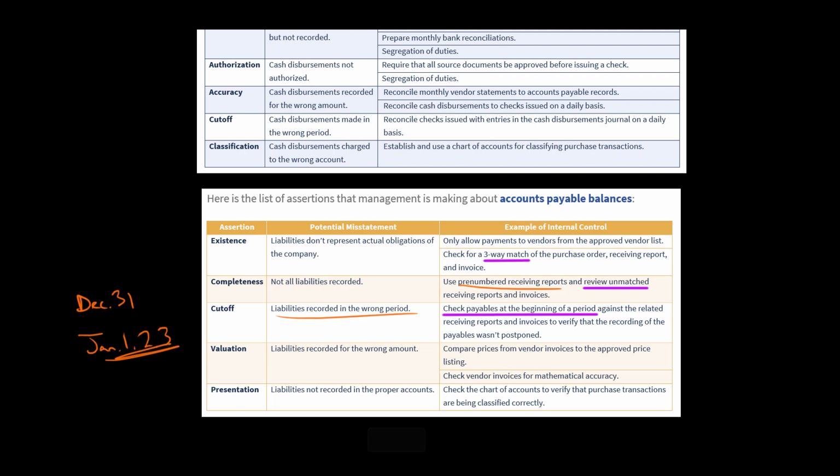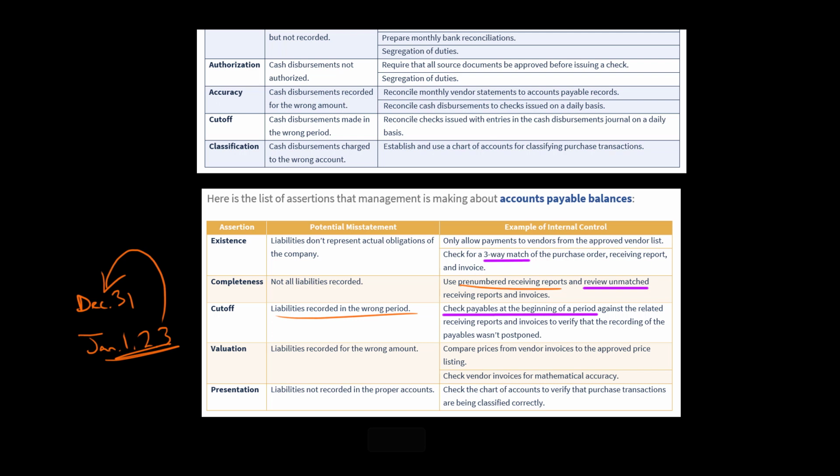You might say, well, actually, maybe those were supposed to be recorded in the prior fiscal year. And for some reason, somebody tried to postpone them, and they all got pushed into the next period improperly.